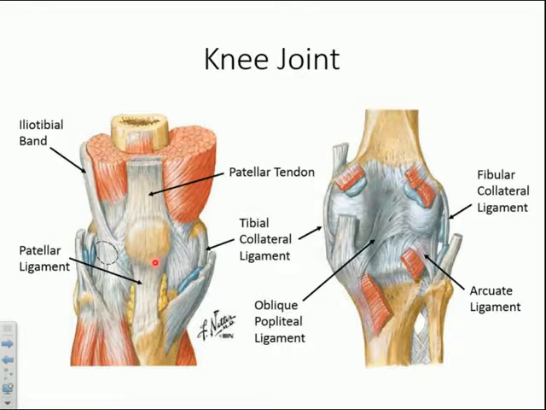Some other tendons to take notice of: the tendon for the biceps femoris muscle, the tendon for semimembranosus along the medial aspect, blending into the oblique popliteal ligament, and then this would represent our pes anserinus, which is a combination of sartorius, gracilis, and semitendinosus.